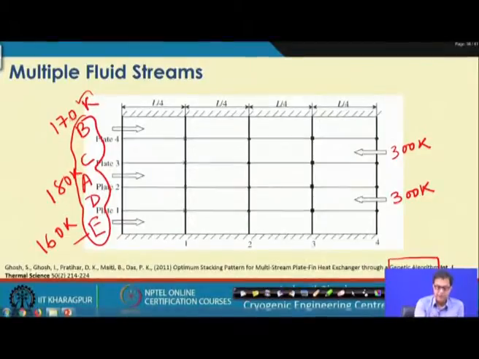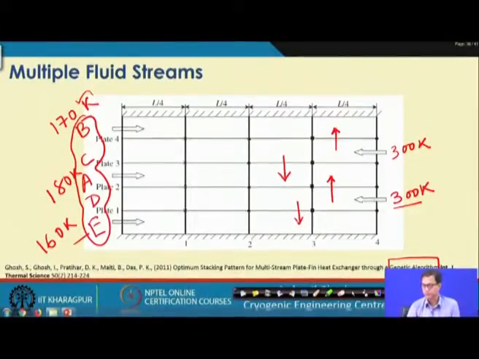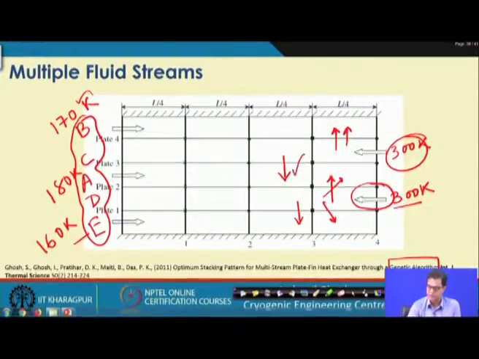As you can understand, this fluid is giving heat to this one. Similarly, this is a cold fluid adjacent to the hot one, so the heat will be coming to this side, and then this is 300, so heat will be flowing to this side and to this side. So, this hot fluid is supposed to give heat to this side, and this hot fluid is again supposed to give heat to this side and this side.